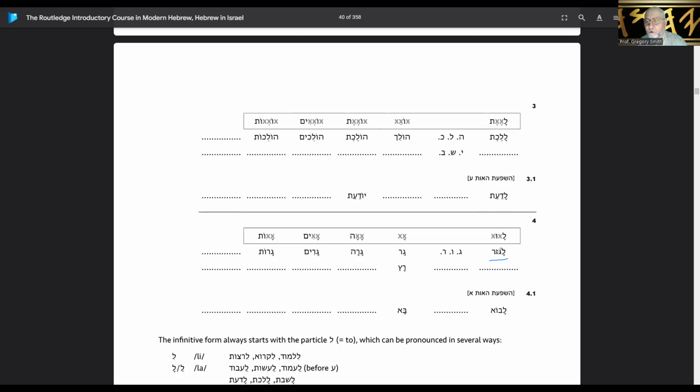Lagur. I put a little too much emphasis on the R sound, but it's more like lagur. It's almost like you barely hear the R. Listen to that. And then there's your root, gimel, holem, resh.